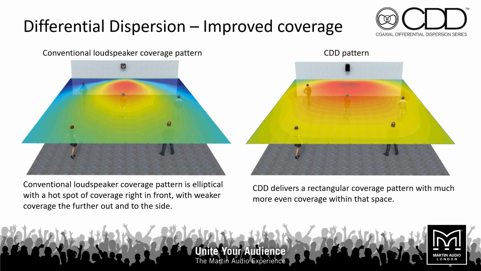But because we have this narrowing of the horizontal dispersion as we move up the vertical axis of the loudspeaker, this gives us a little bit more energy to throw and a more rectangular dispersion into the audience. And this means that we get the benefits of a narrower horizontal dispersion in the far field, but we keep the benefits of the wider dispersion in the near field.